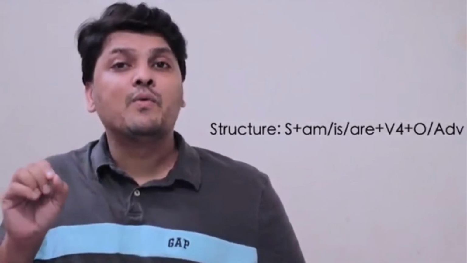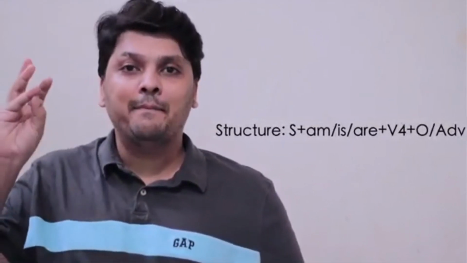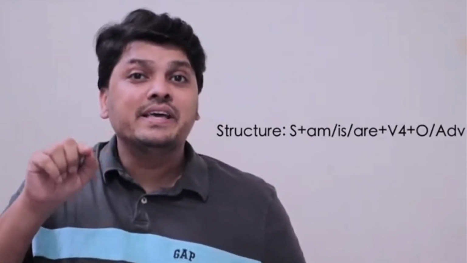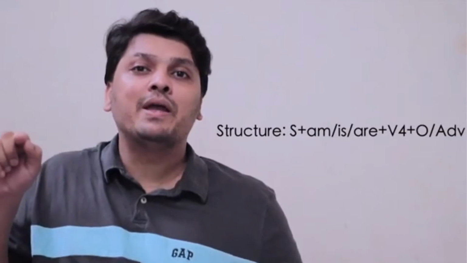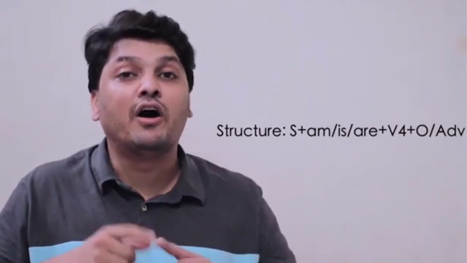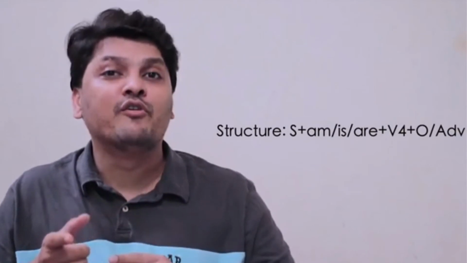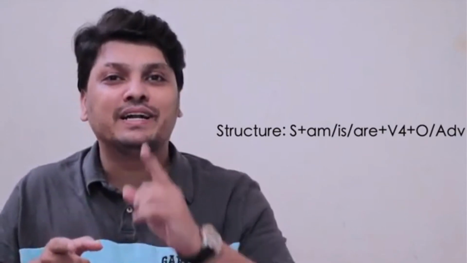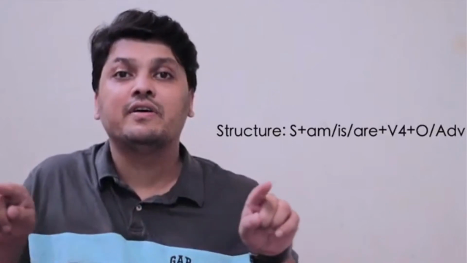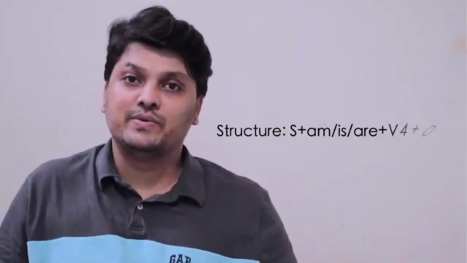Now, which helping verbs will be used here? Am, is, are. These helping verbs will be used in present continuous. Then it follows with V4 form, the fourth form of the verb, that is verb plus ing, plus object or adverb. This is the structure of present continuous.